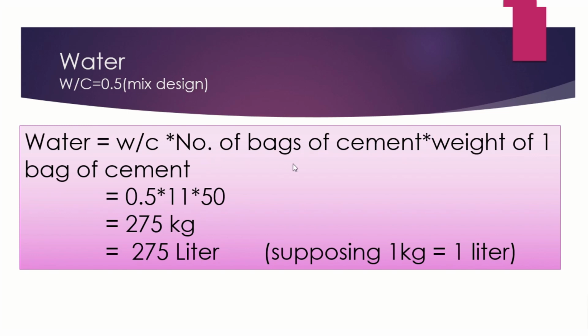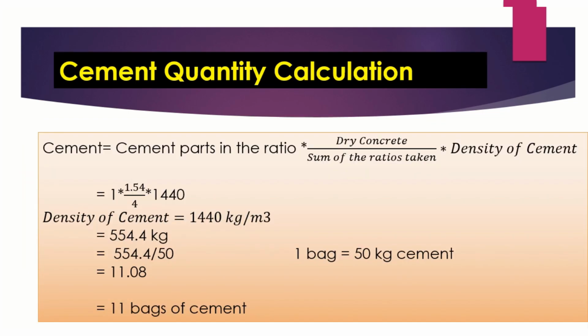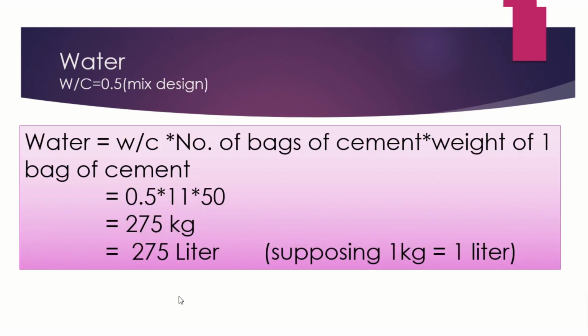This number of bags of cement is what we have calculated earlier. Let me show you. So this one, 11 bags of cement. Now we have water cement ratio 0.5 and cement we calculated 11 bags, and in one bag we have 50 kg.